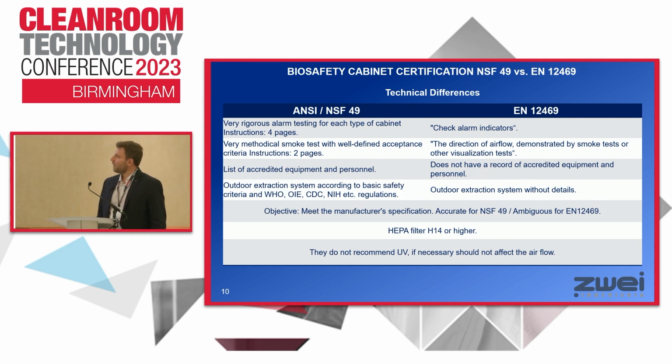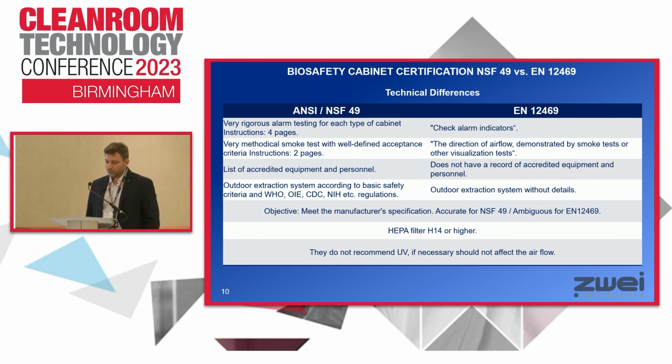About the alarms, that is very important, the alarms in the biosafety cabinet. There are different types of alarms according to what cabinet we have. If we have an A2 cabinet, it has different alarms than B1, B2 or C1 cabinets.